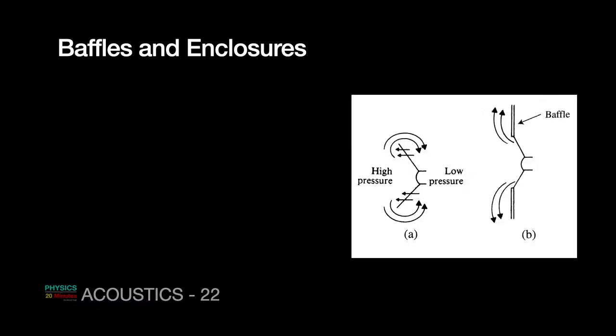So let's look at what we mean by baffles and enclosures. If you have a speaker over here, then the diaphragm or the cone of the speaker vibrates back and forth. Look at it carefully.